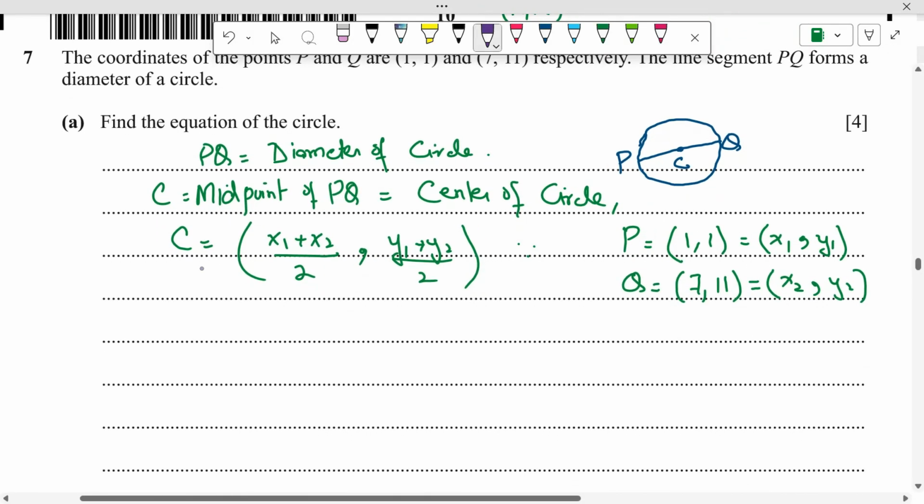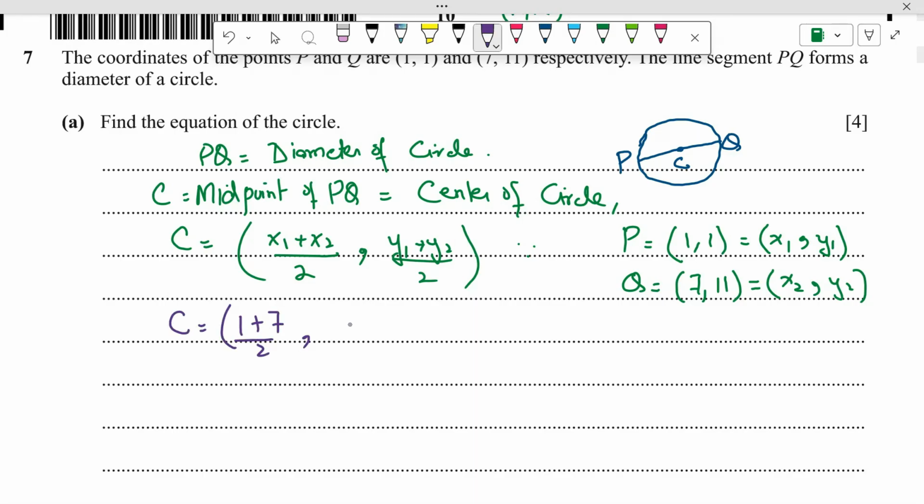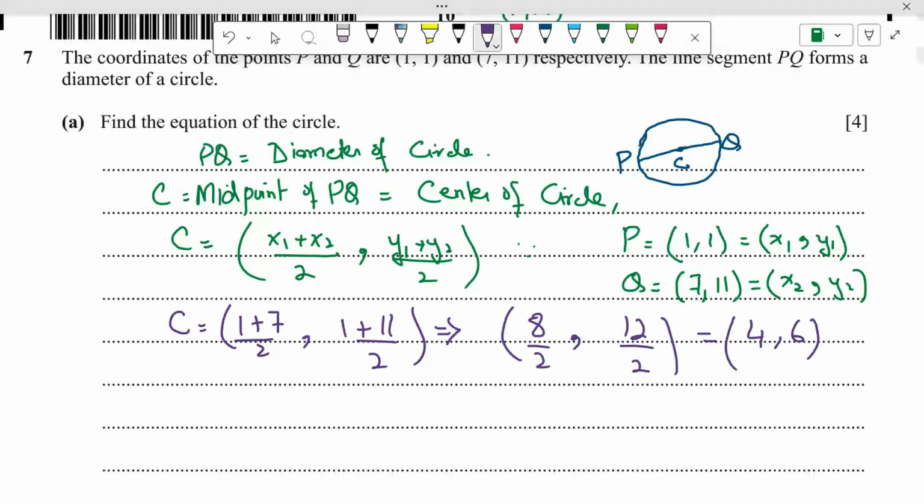Plugging P and Q into the midpoint equation, we will have C equals ((1 plus 7) over 2, (1 plus 11) over 2), which is (8 over 2, 12 over 2), which is (4, 6). So we have the midpoint C, which is (4, 6).